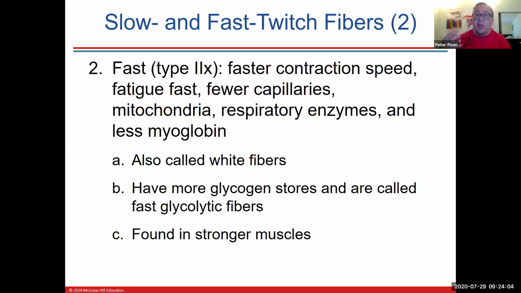So they use glycogen storage, and they're called fast glycolytic fibers. Because they're fast twitch, they also exhaust a lot faster. There are fewer mitochondria and less enzymes, so they can run out of sugar and fat very quickly.